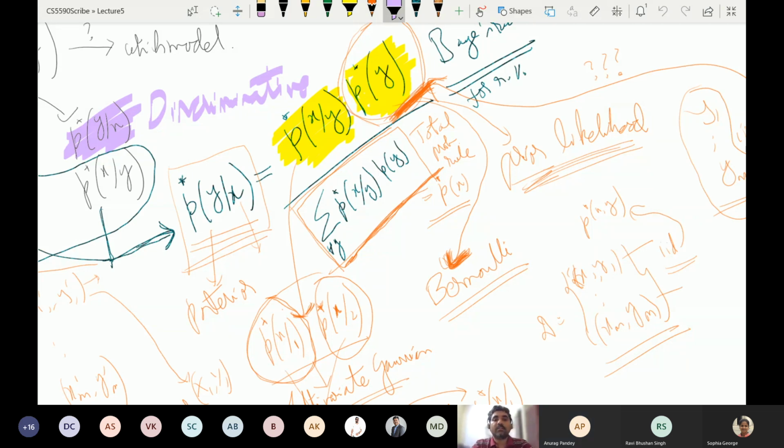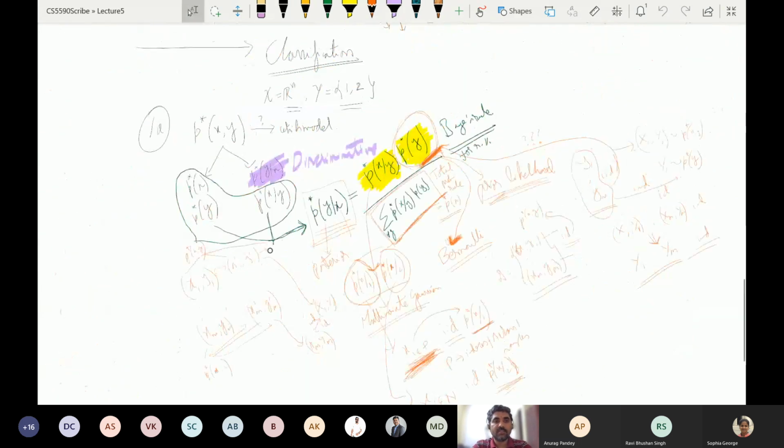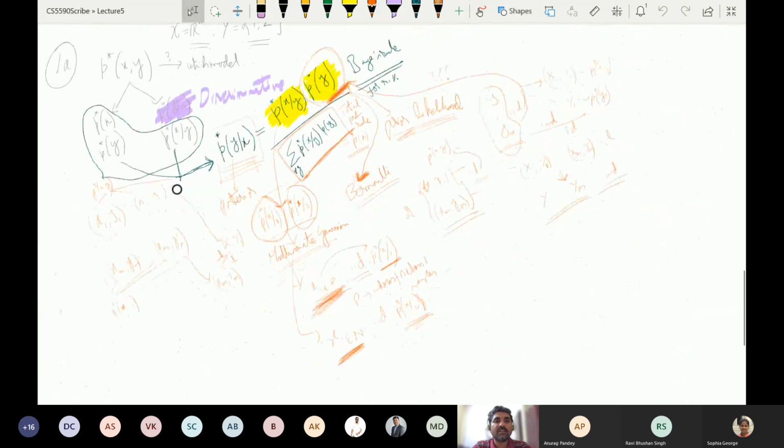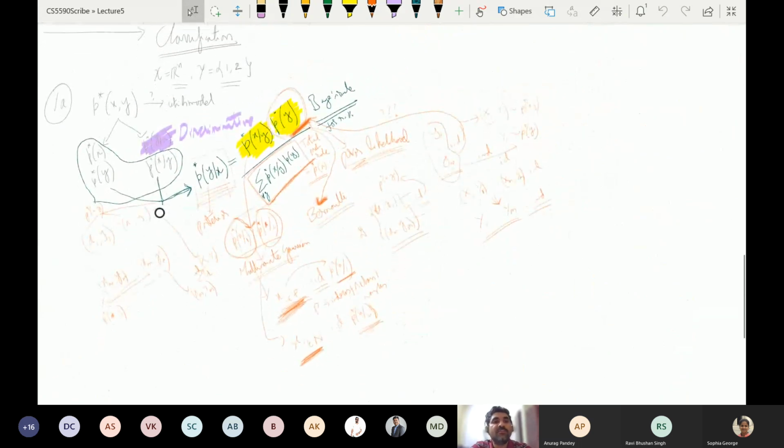Any other questions, please, in the first part? So for the first part, let me revise what I did in classification. The first thing we figured out is there's no explicit model we know of that outputs some real numbers and some discrete values simultaneously. So there's no way I can explicitly model the joint distribution in case of classification.